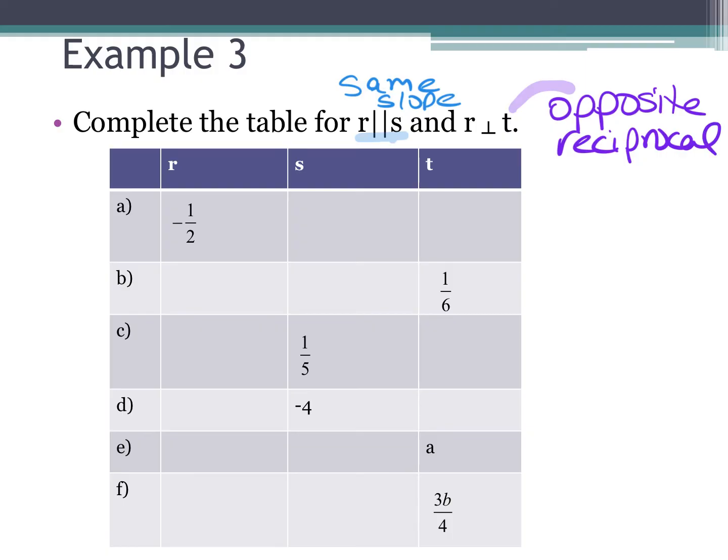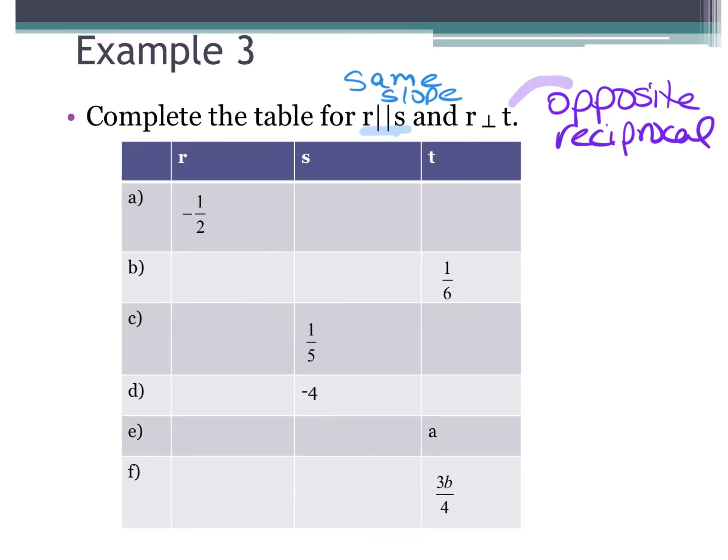So opposite reciprocal. So for line A, straight across, since R and S are parallel, since R has a slope of negative 1/2, so does S. T, however, is perpendicular, so I need to change the sign, make it positive, and then flip the fraction upside down, and it simplifies to positive 2.